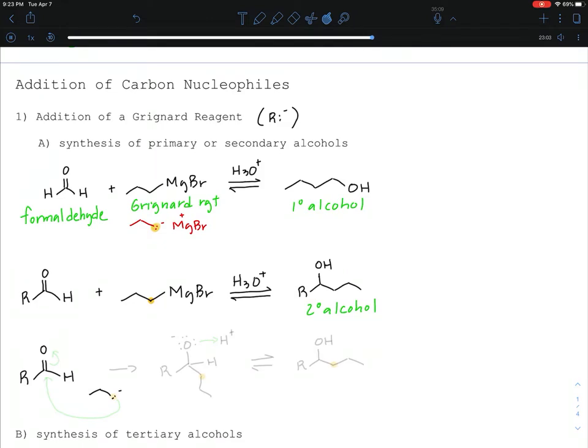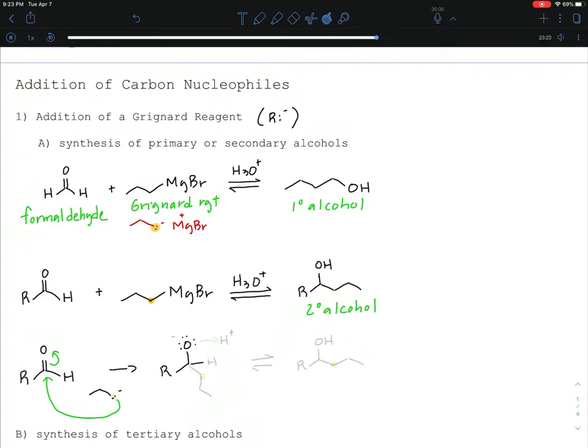This is going to come up here, attack this, push electrons up into the oxygen, and I get this tetrahedral intermediate.